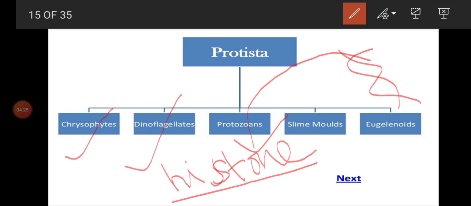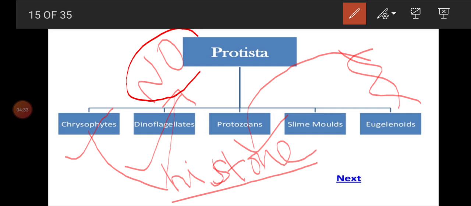Imagine this histone protein is present in chrysophytes, but it is not present in dinoflagellates. That's why dinoflagellates are kept under a separate heading under protista.